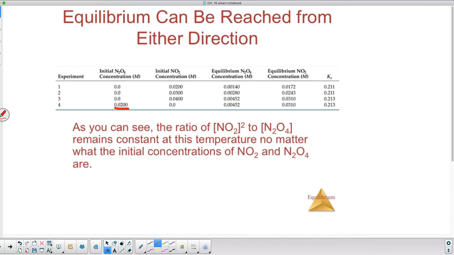Well, either way, take a look at what the K is for each one of these. Take a look at how close the K is for each one of those, no matter where you're starting off. Whether you're starting off with a certain amount of this one or you're starting off with a certain amount of this one, it doesn't make a difference. The equilibrium concentrations are relatively close together.